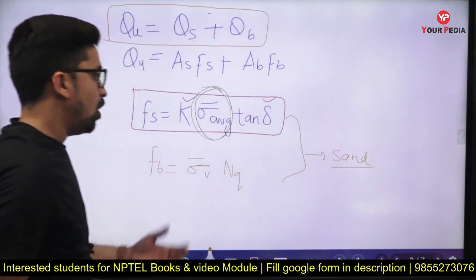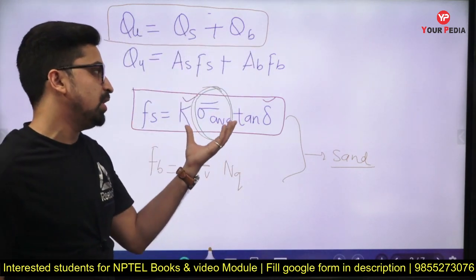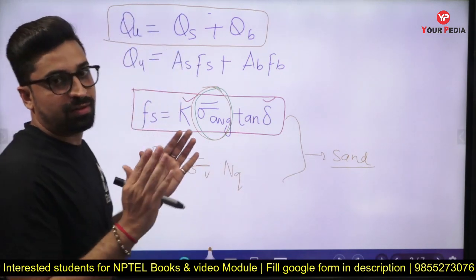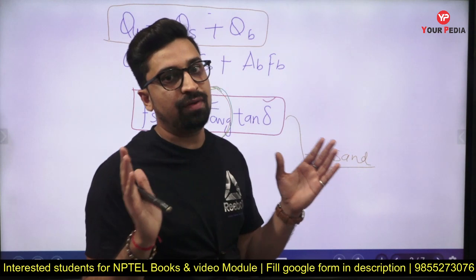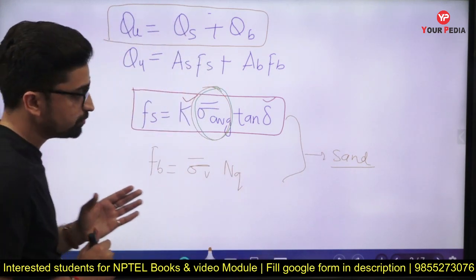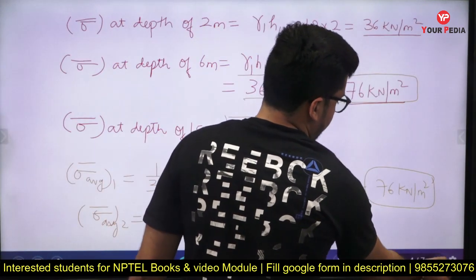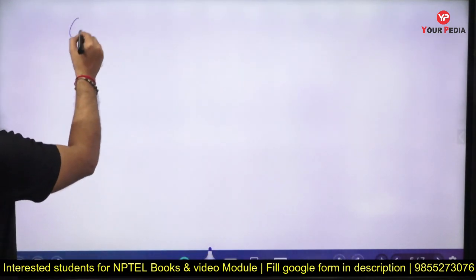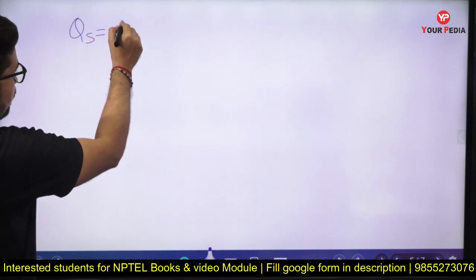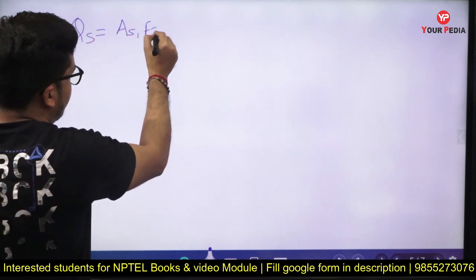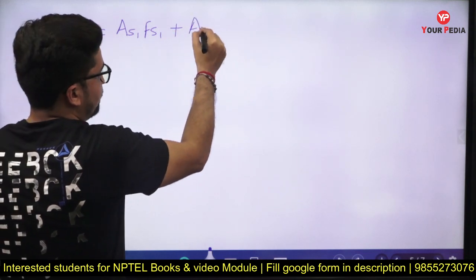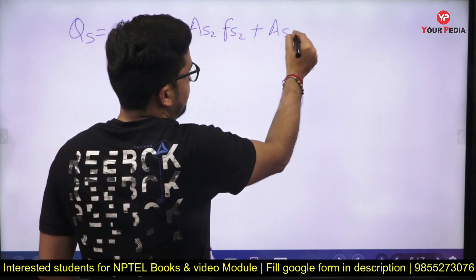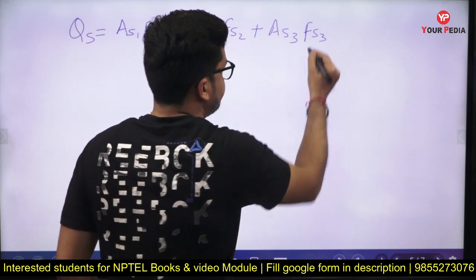So now we have found the sigma bar average values for all the regions. So we can independently solve the fs values for all three regions, and then we will add these values. So let us do this separately. The QS value will become equal to AS1 into FS1 plus AS2 into FS2 plus AS3 into FS3.